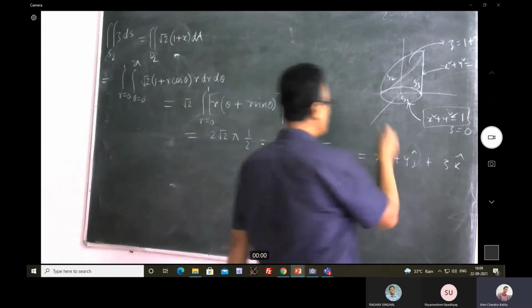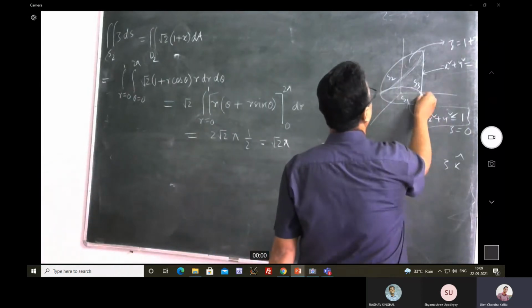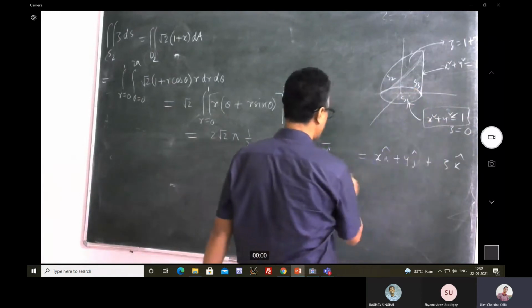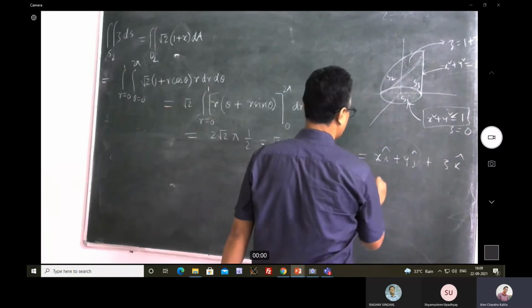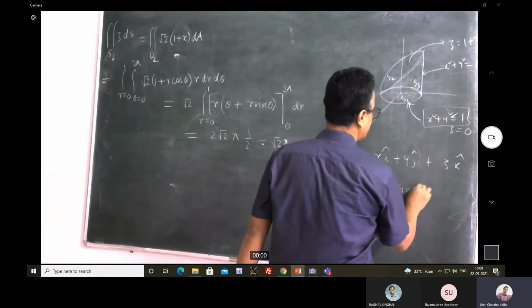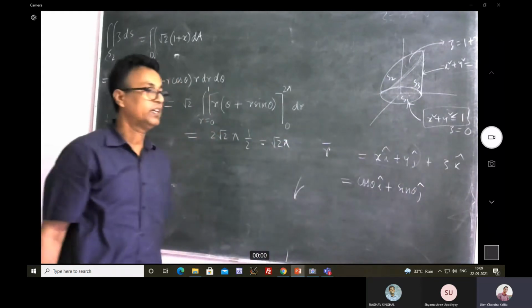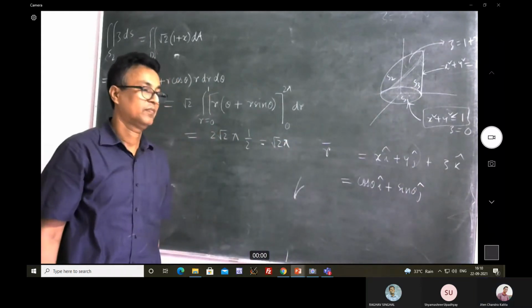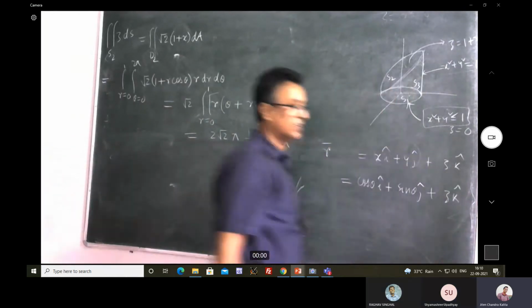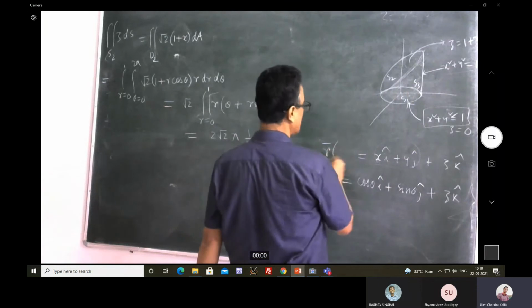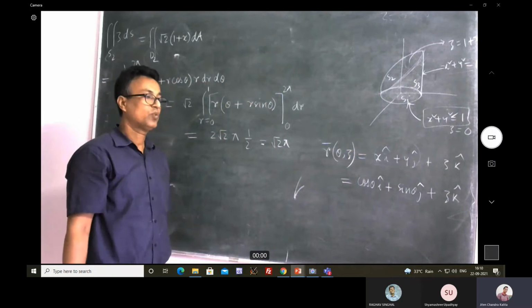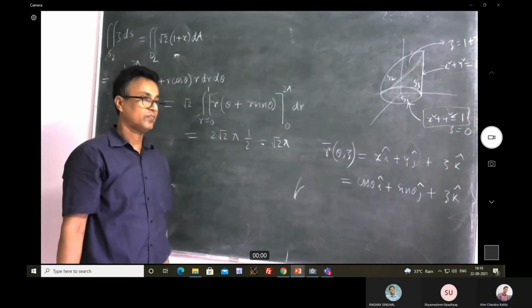For all the points x, y lying in this disk, I can simply use cos theta i plus sin theta j, and keep z as z. So basically I simply need two parameters, theta and z. Is it okay?